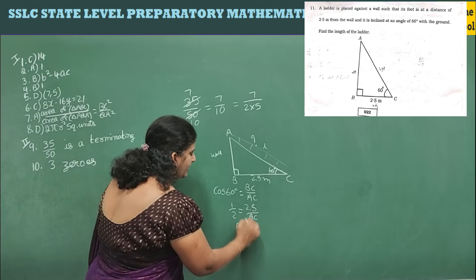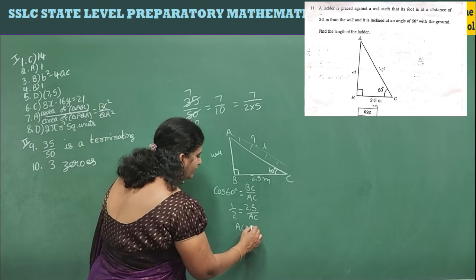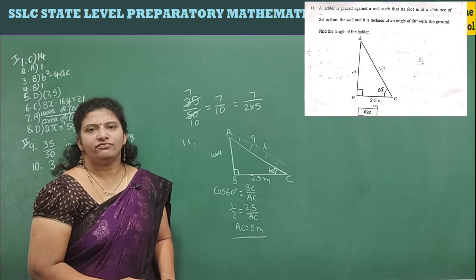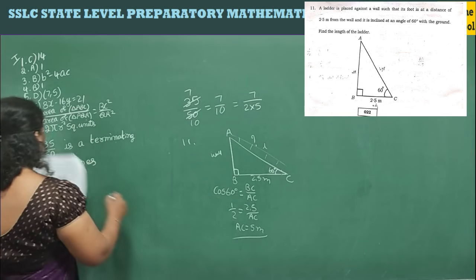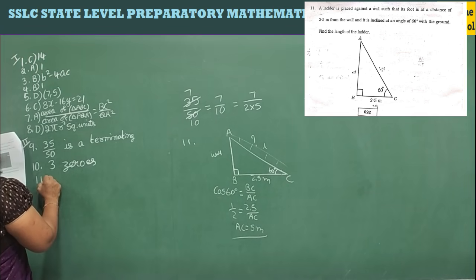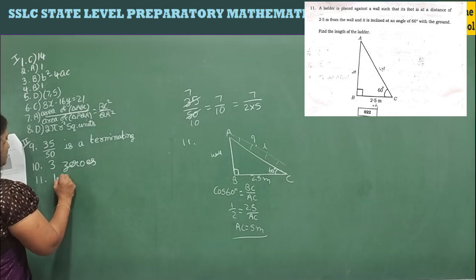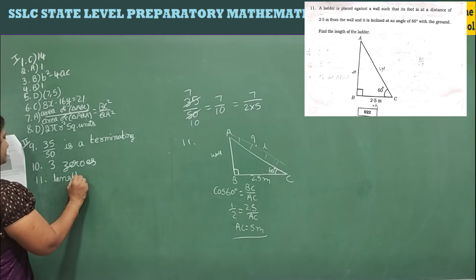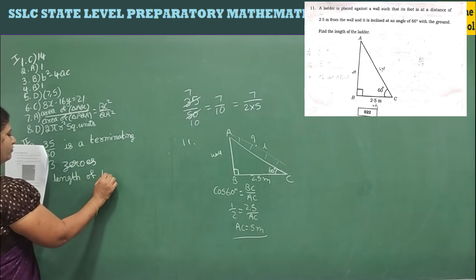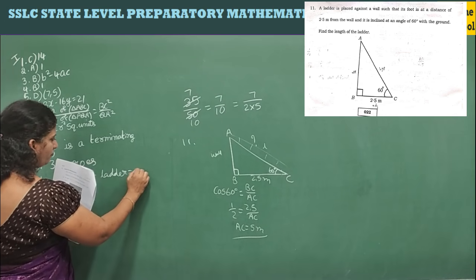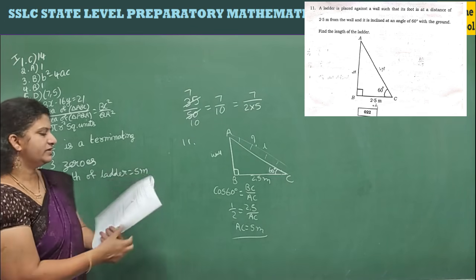Cross multiply. AC is equal to 2.5 into 2, that is 5.0, which is none other than 5 meters. So let me write only the answers here in short. Length of ladder is equal to 5 meters.